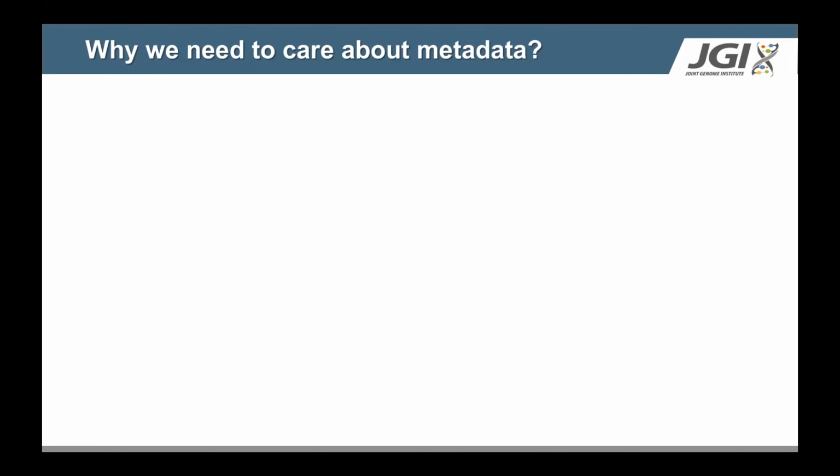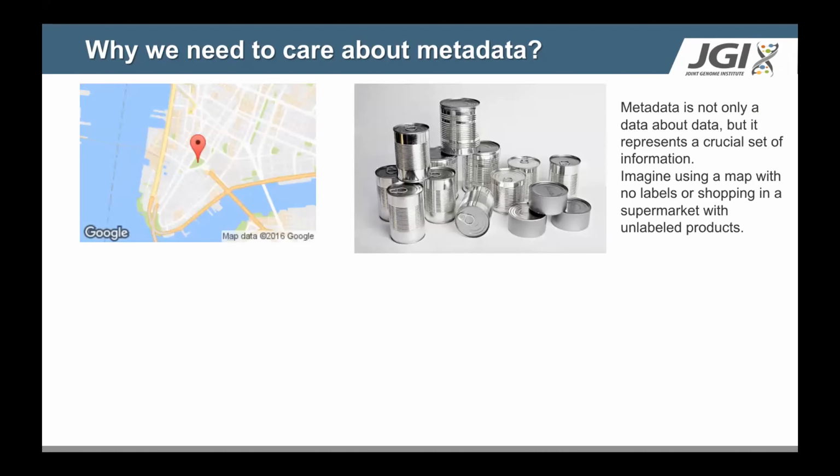For performing meaningful comparative analysis tasks, you need to know more about the samples and organisms' metadata. Without metadata, it will look something like this. So if you have a map with no notations on it, or if you have a supermarket where you can find cans with no labels on it, can you imagine making use of this map to go to an address or shopping in a store with such a merchandise display?